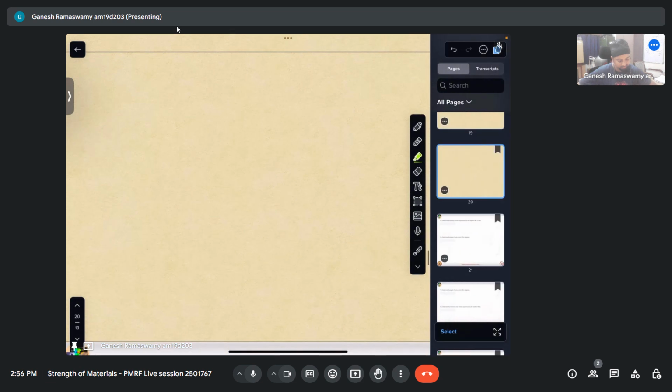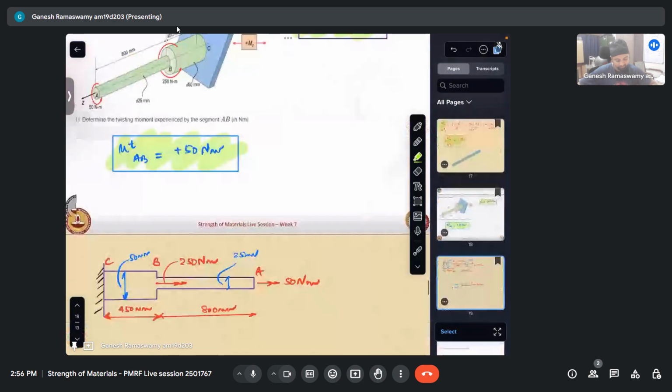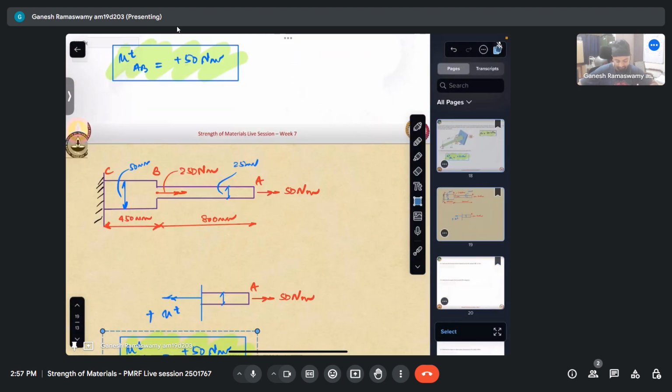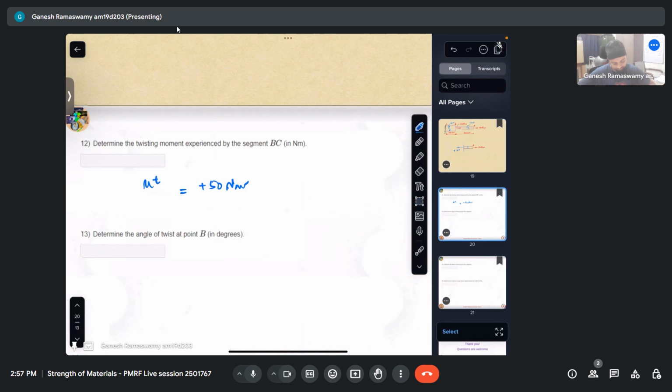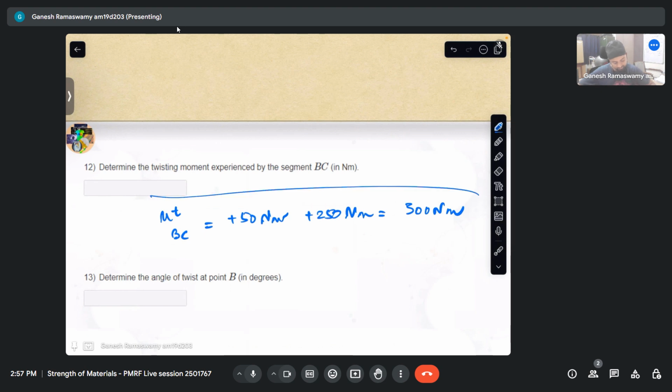So using the same logic, BC would have been 50, but another 250 is applied in the same direction. So therefore, this will be 300 Newton meter. So far, so good. We have been able to get this comfortably.